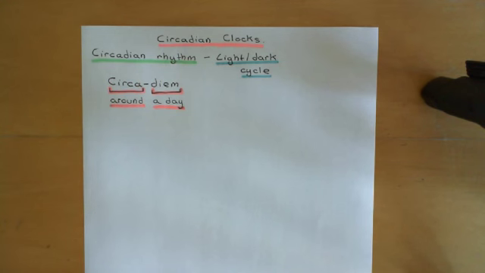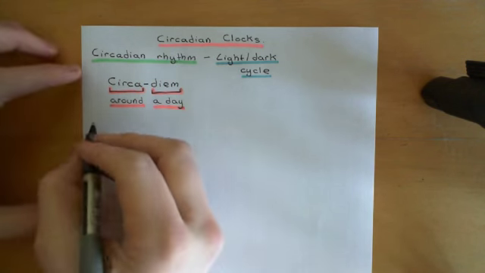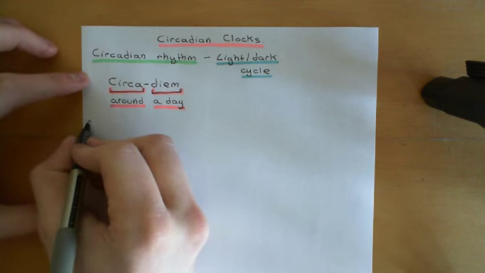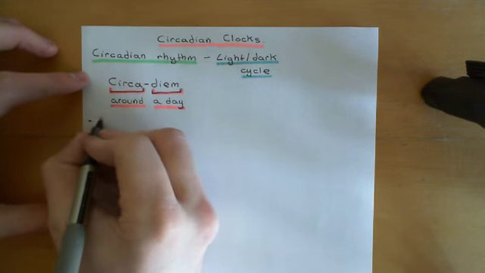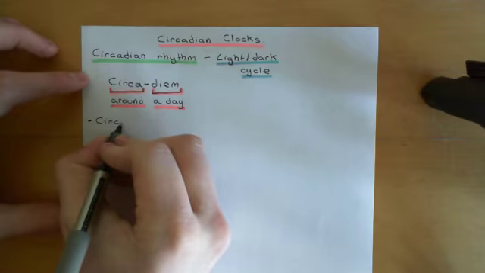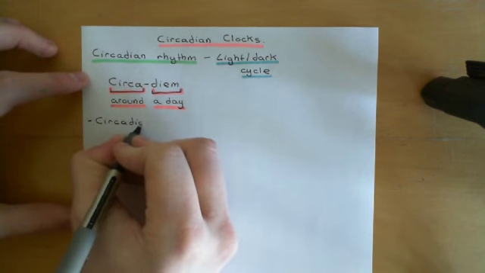It is some sort of biochemical process that is oscillating on a 24-hour basis, which allows them to understand what time of day it is and respond accordingly. These oscillating biochemical processes are what we mean when we say circadian clocks.